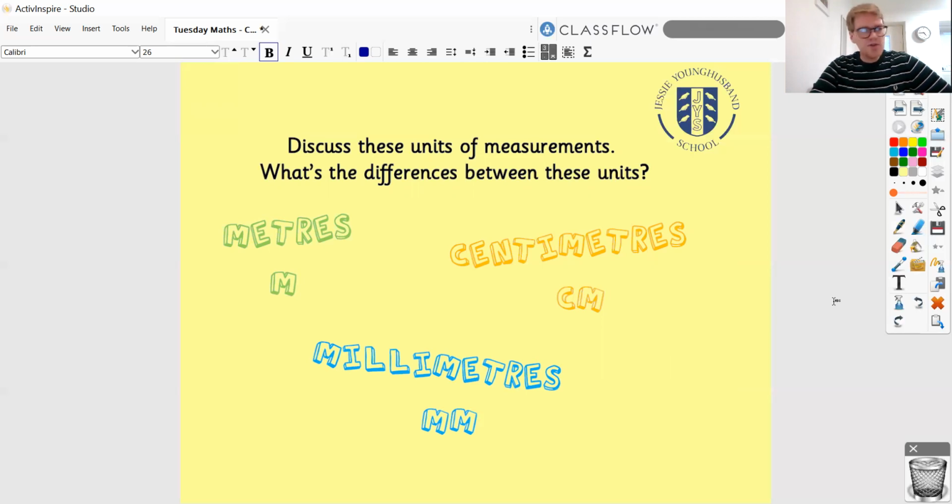So we've got different units of length there, different units of measurement that we can use to measure length. We could measure with all of these things, but we would probably go for the one that's most appropriate. So if it's a large object, probably meters. If it's a smaller object, centimeters. If it's really tiny, we might go for millimeters.